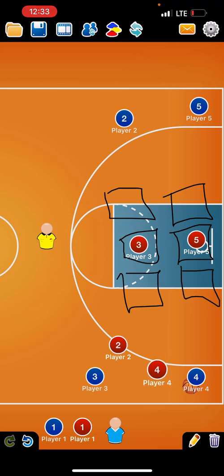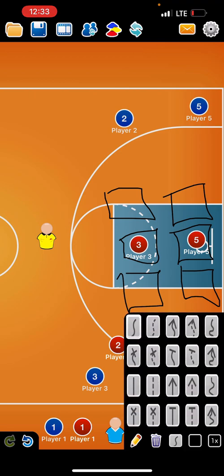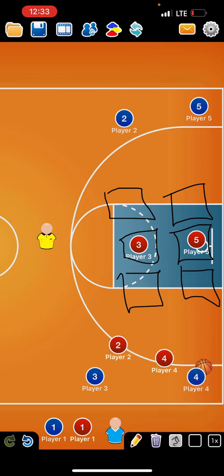They were in deny, or maybe they were in the gap a little bit, maybe they were up a little bit, and that ball came across. They have a moment where they can sweep that ball and they have an attacking lane baseline to be able to drive and get to the hoop.